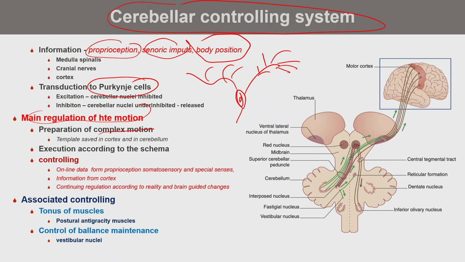The Purkinje cells are able to control this. They have online data from proprioception and somatosensory special senses, and at the same time information from the cortex, and they are continually regulating and coordinating the template which is in the cortex with the template which is in the cerebellum, and the deviation from the plan, from the template of the motion.